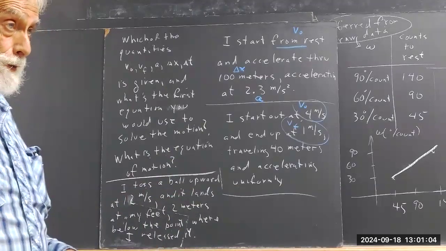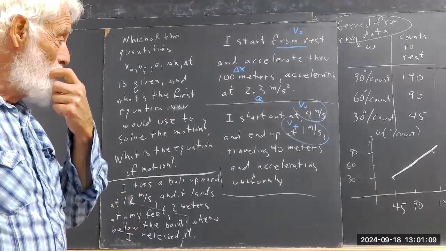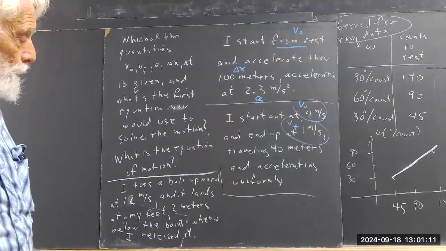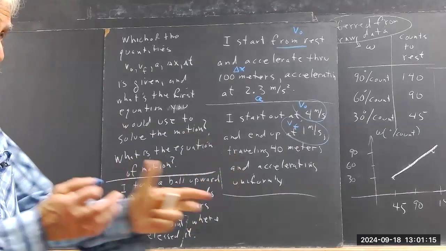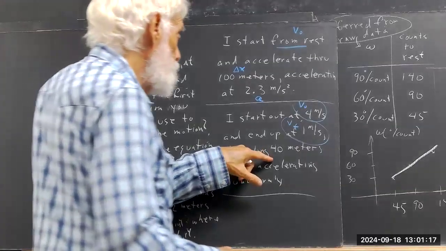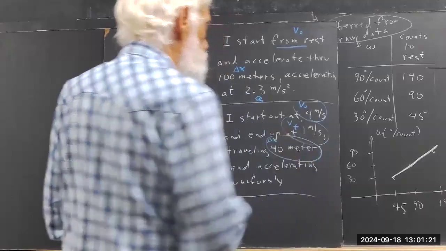Maybe 2 equations, so it's not quite as simple. I'm going to make it as simple as possible, and then we're going to work on understanding all the indices. Now, you travel 40 meters, there's your delta X. I know 3 things, right?